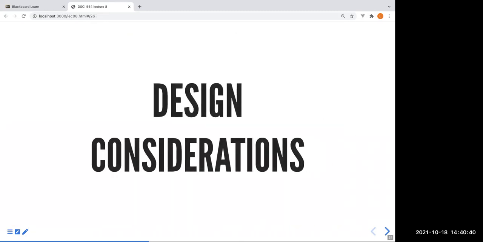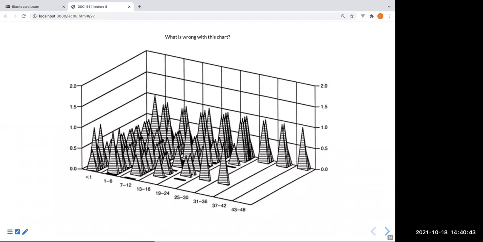All right. Design considerations. So with all of this in mind, these are some examples. Again, there is a little bit of illusion happening, but what you want is to understand when 3D is useful and when it's counterproductive to use it.